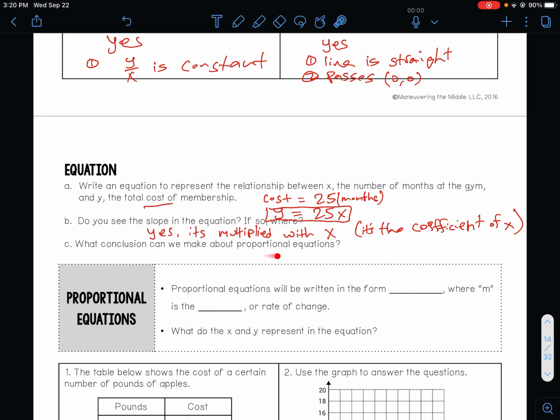What conclusions can we make about proportional equations? Well, we can say that in an equation, the slope will be the coefficient in front of x, which is basically what we said.